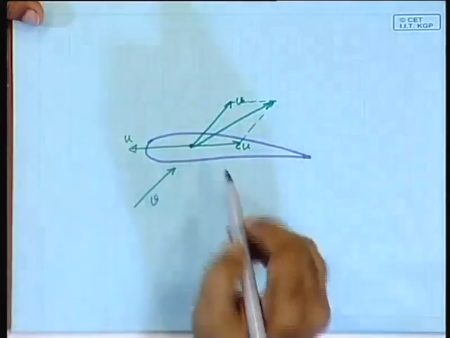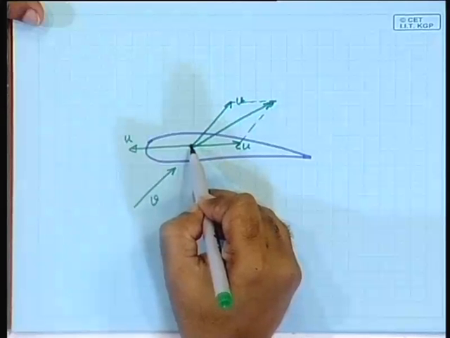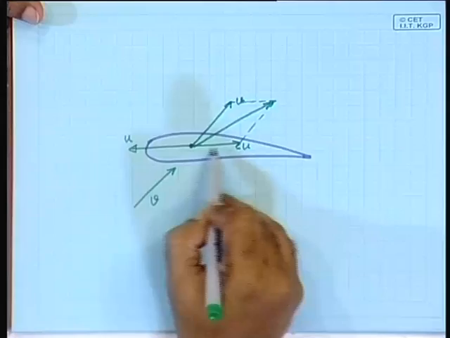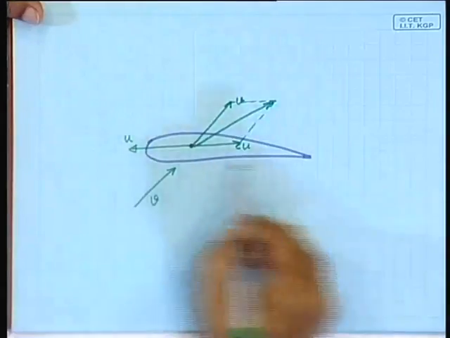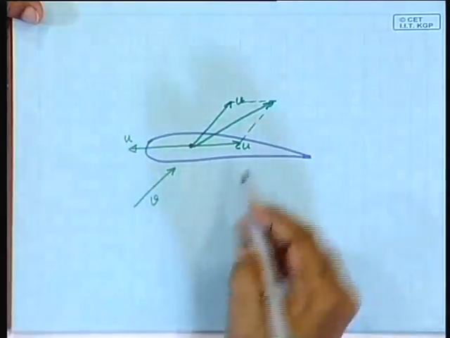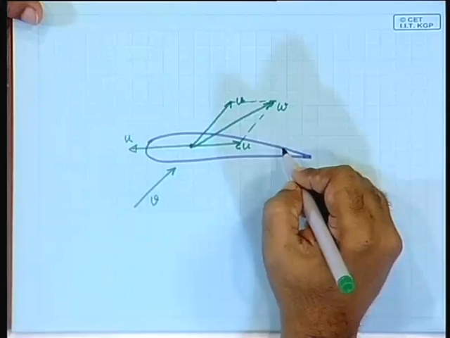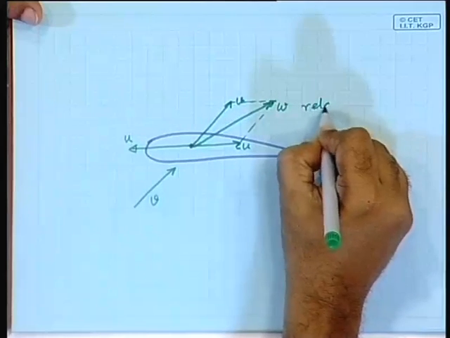So, what you did? You obtained a vector summation of V, the wind speed, and minus u, the negative of the airfoil speed. This is called the relative wind, noted as W, called relative wind.